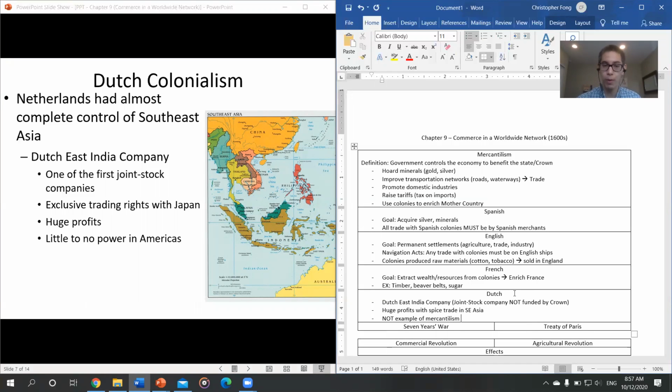First, it's not controlled by the government, it's controlled by merchants. And it's not enriching the government, it's enriching merchants, it's enriching private people. So it's not an example of mercantilism because it's controlled by merchants and it enriched merchants rather than the king and queen, which remember, there wasn't one in the Dutch Republic.